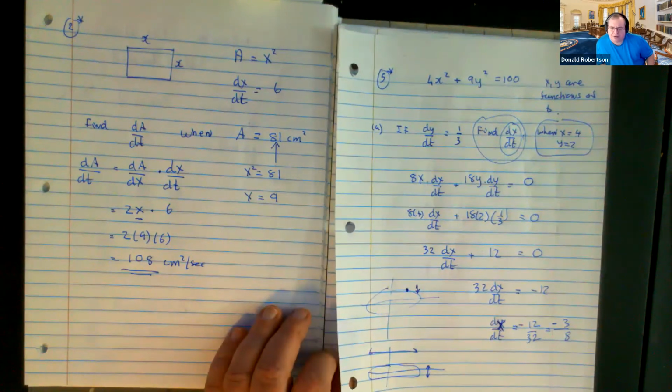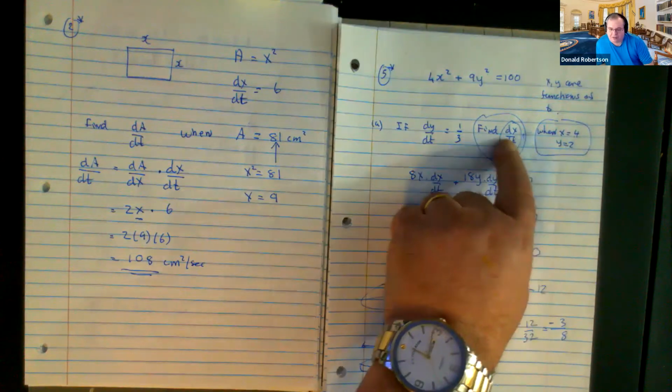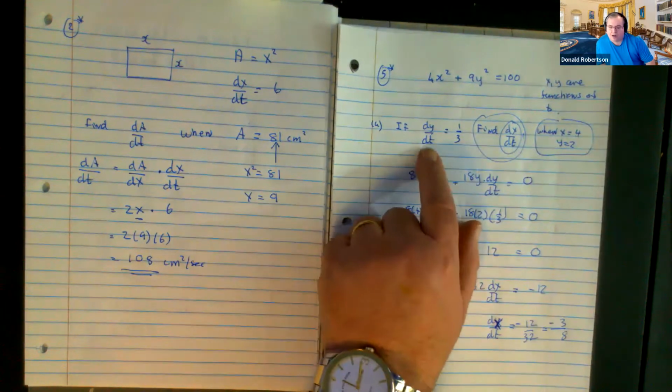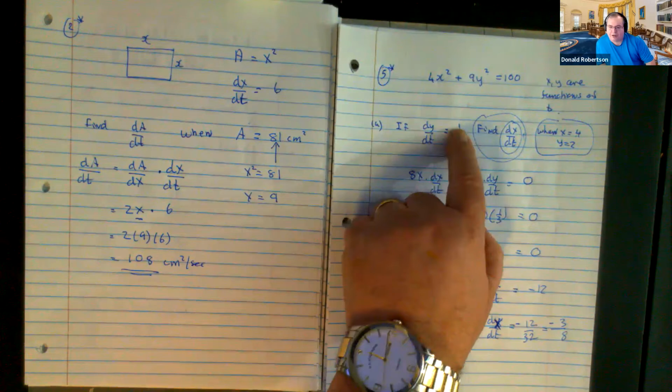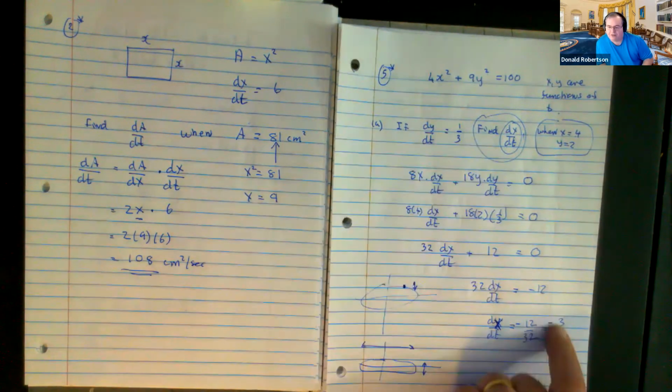And the reason for that is that the information they're giving here is saying, look, if the y values are increasing by a third, what does the x value have to do? Well, in this case, it has to decrease, and we found out the number is -3/8.